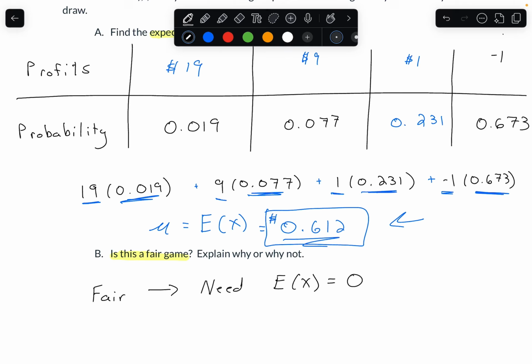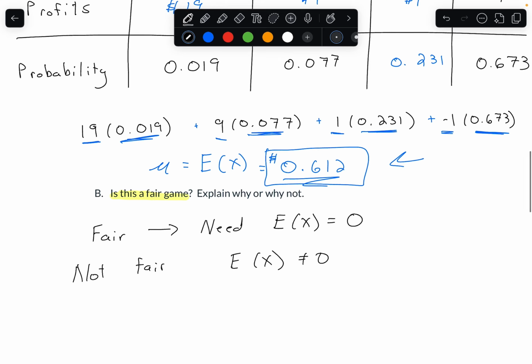If it's not fair, then that means that the expected value is just not equal to 0. Now, it's easier to see in some situations than others. If you have a negative expected value, so if, for example, just to give an example here, if your expected value had ended up being, let's just say, I'm going to make up a number, negative 0.531, that would mean you lose roughly 53 cents on average every time you play this game, which is a little bit easier to see.